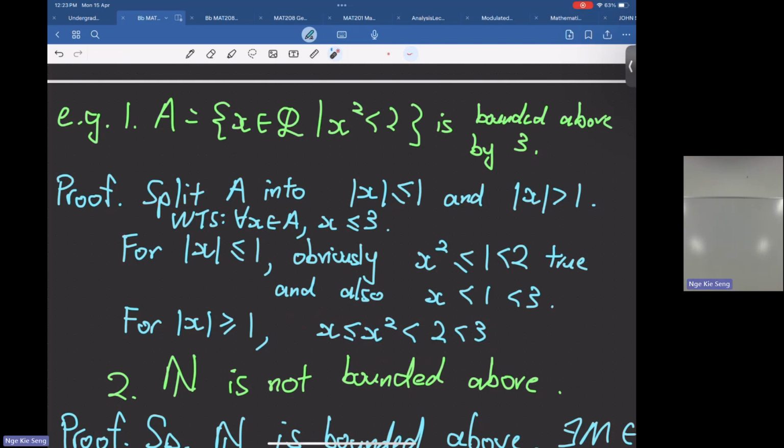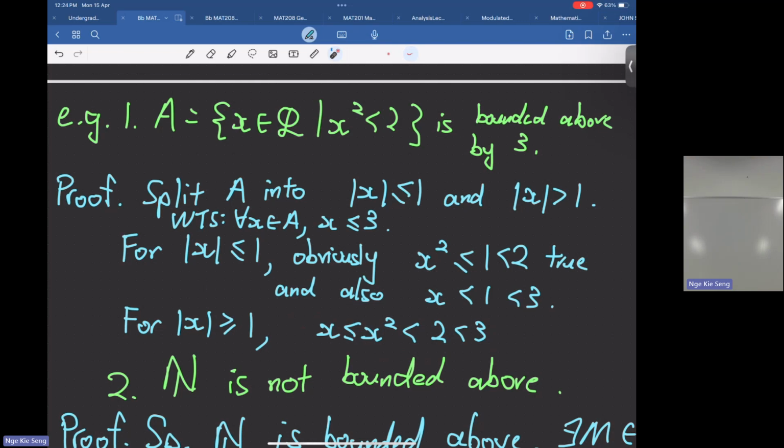What smaller bound can I take? 2. 2 is also an upper bound, right? 2 is greater than or equal to x. Can I take smaller than 2 or not? Maybe not, because otherwise you cannot make sure the whole inequality is satisfied.